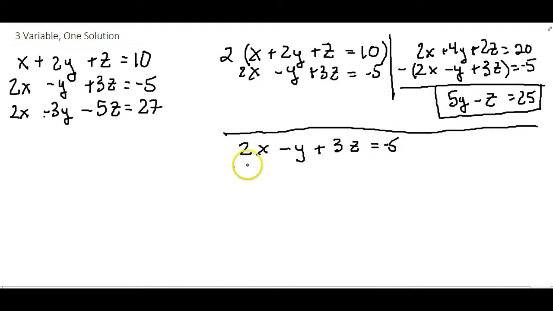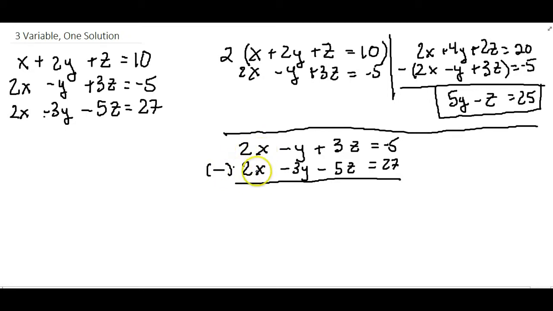And our third equation is 2x minus 3y minus 5z equals 27. This time we don't need to distribute any number through to be able to eliminate, because we have a 2x and a 2x. So we again need to subtract our second equation because we have two positive x values.